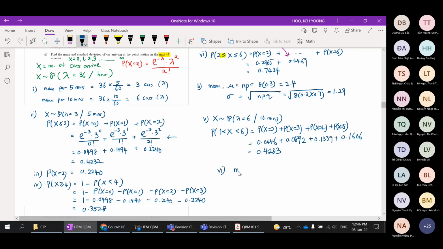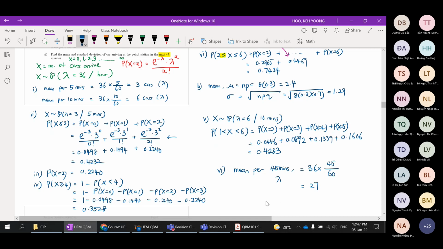So mean per 45 minutes, you take 36 times 45 divided by 60. So you get 27. So there will be 27 cars on average to arrive in 45 minutes. So your mean is equal to 27.